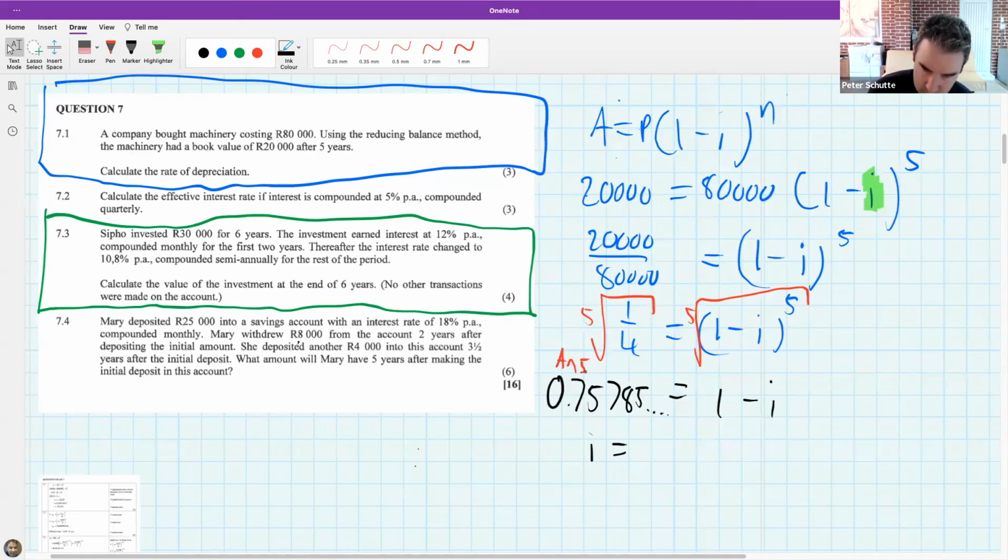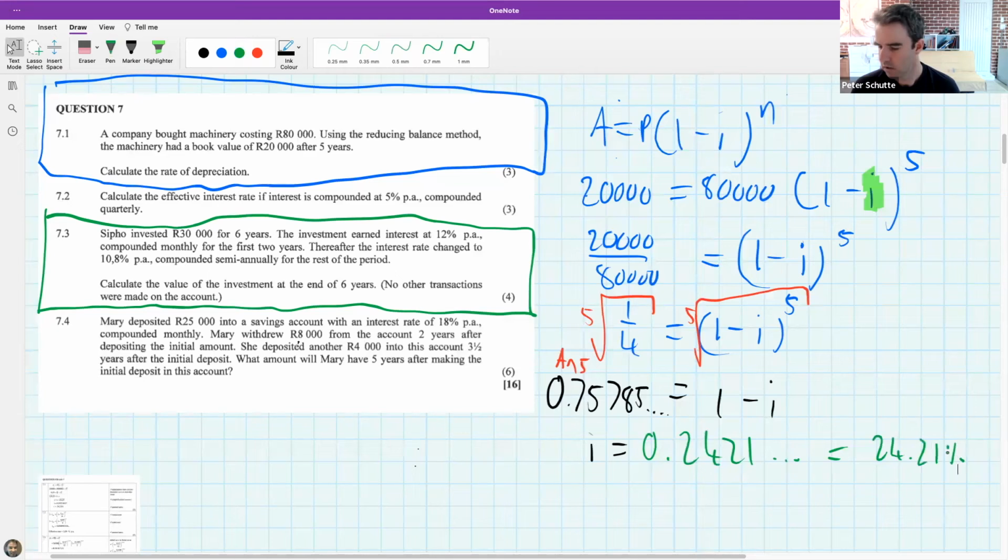So I've got that. I'm going to go 1 minus answer. And we should get, so, and that should be per annum. So you should put percentage per annum. So per year, you're losing 24.21% of the value of the asset.